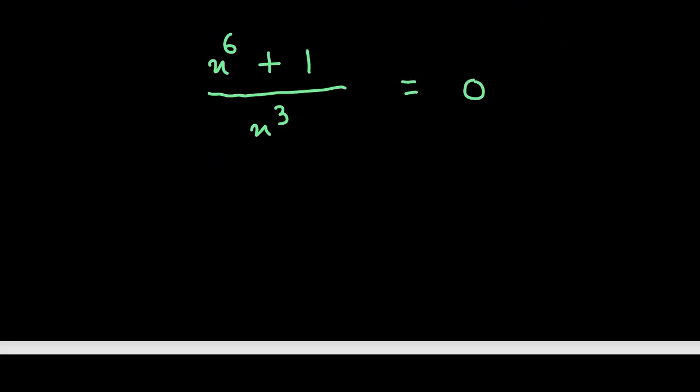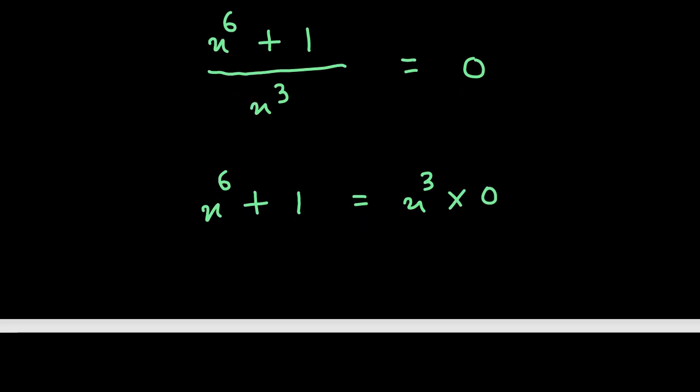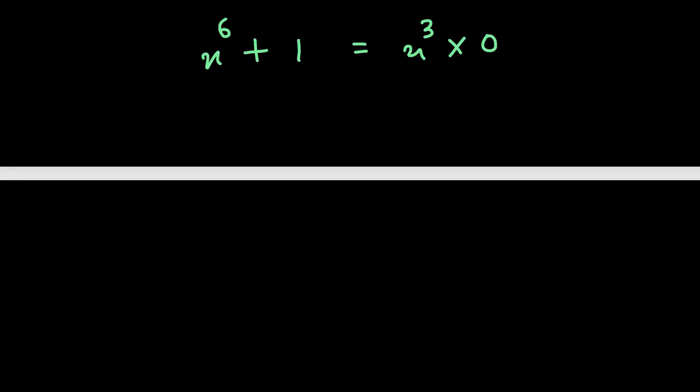Or we can cross multiply x cube with 0 and we can write x to the power 6 plus 1 equals x cube times 0. From here we have x to the power 6 plus 1 equals 0.